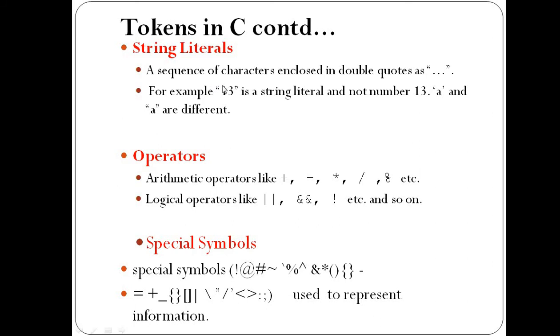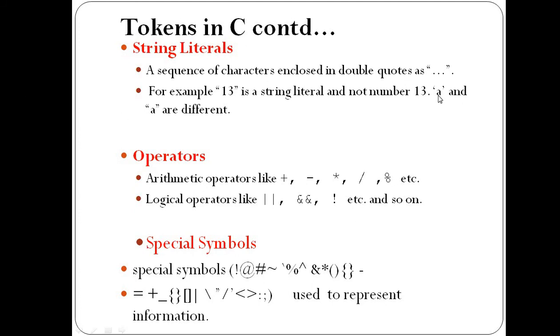It is not called a digit. Why? Because along with the 13 we use double quote symbols, so this is considered a string rather than a number in C.